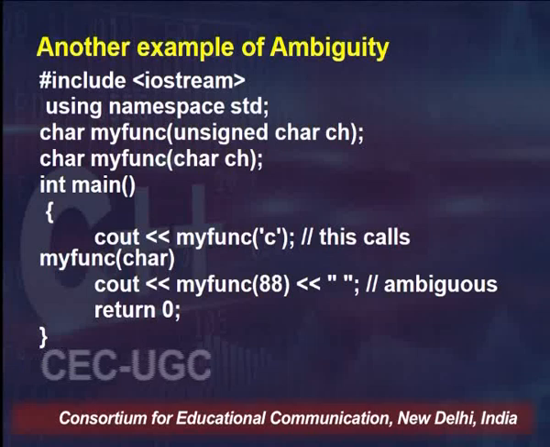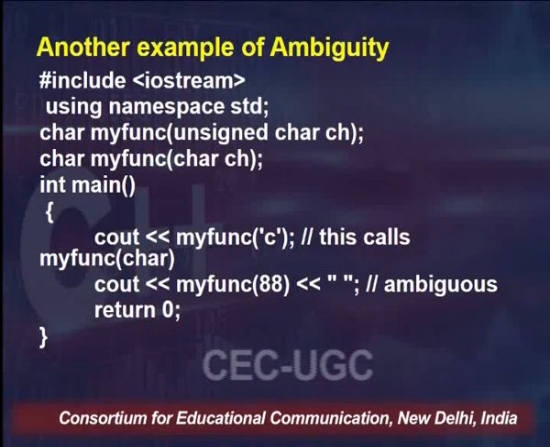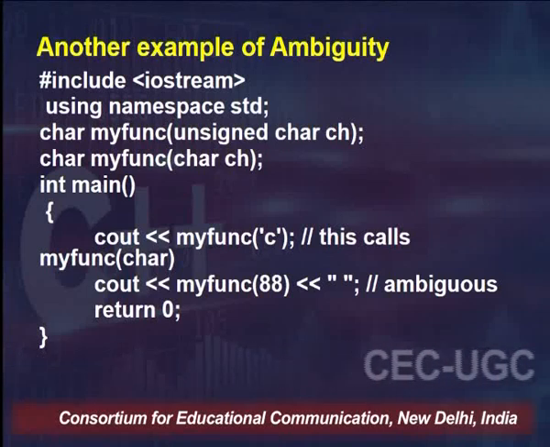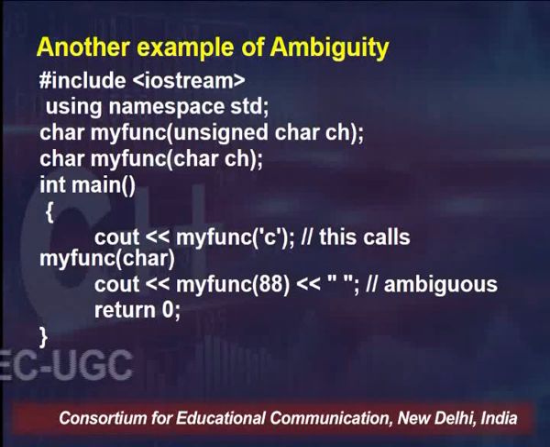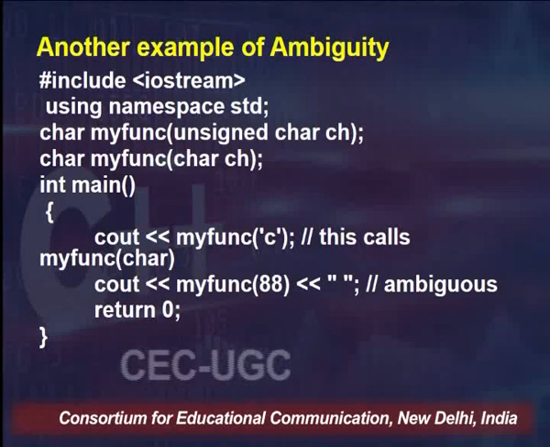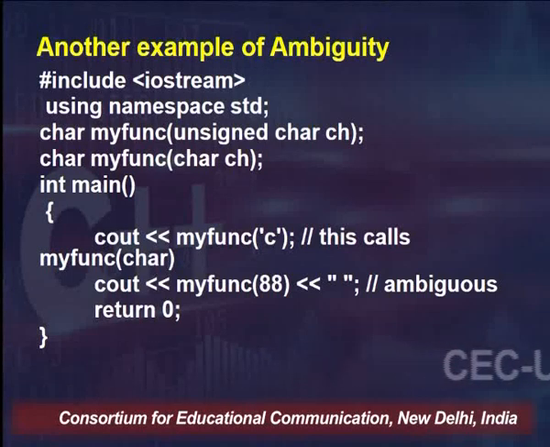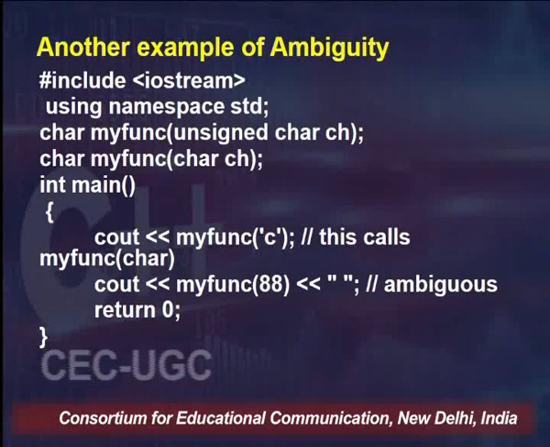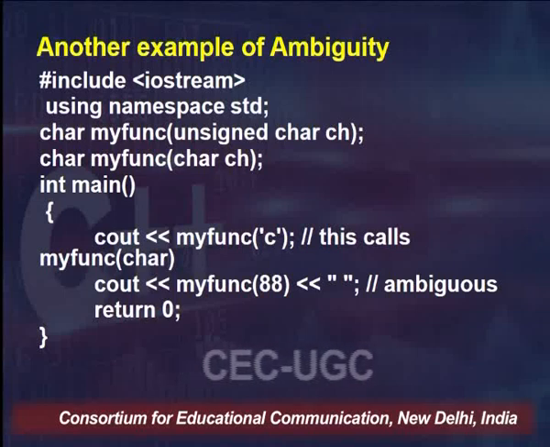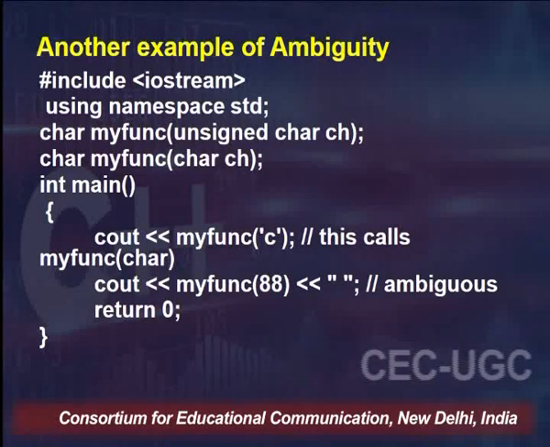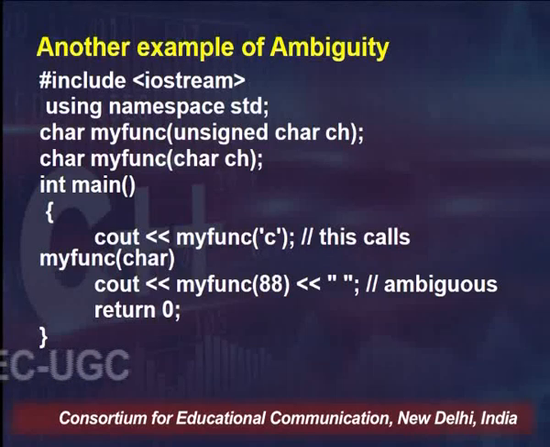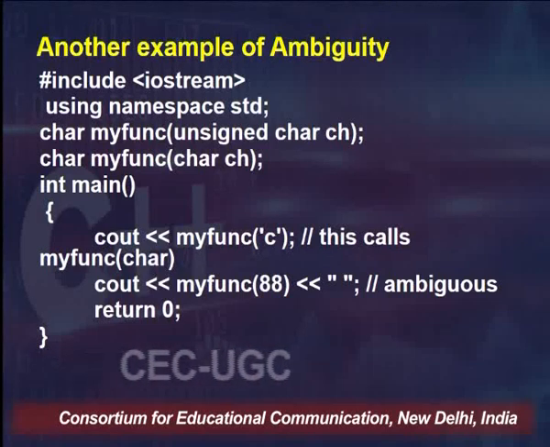But whenever I am passing a number, let's say 88 or 66, whatever, this is going to give rise to an ambiguity, because here your compiler is confused. If you are passing a simple character, this is going to call the character version. If you are going to pass a number, this is going to introduce an ambiguity. And then the program is terminated with a return 0.